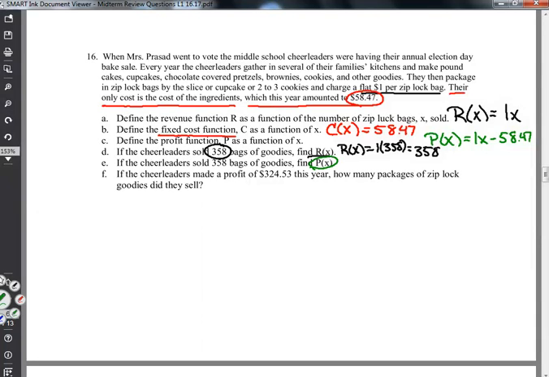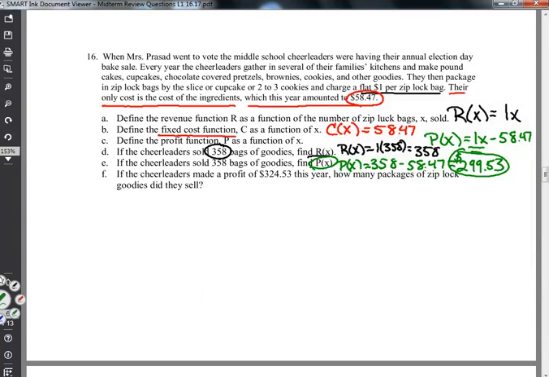So now that I know what this is, the profit is just going to be 358 minus 58.47, which without a calculator, I believe is 299.53. That's how much money they profited.